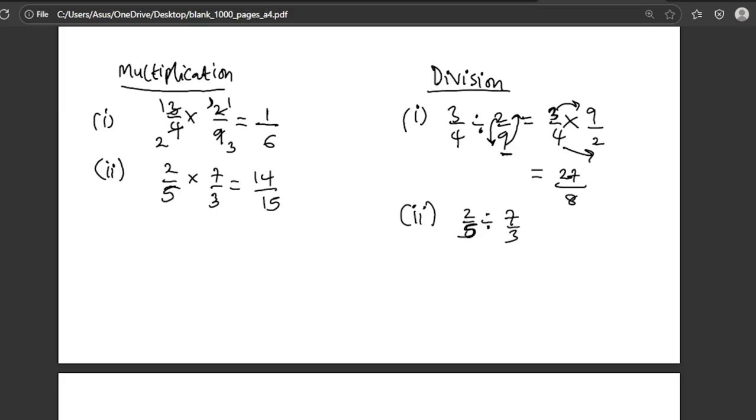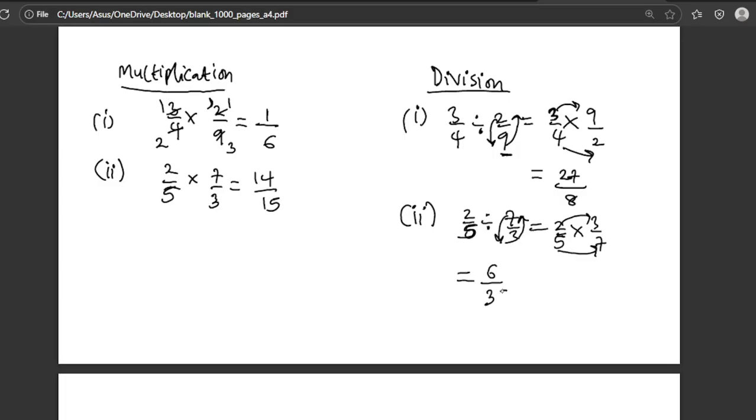That's 2 over 5 times 3 over 7. You can see 3 comes up, 7 comes down. Now finally, 2 times 3, 6 over 5 times 7, 35. To multiply two fractions, simply multiply the numbers at the top together, and also multiply the two numbers at the bottom together.